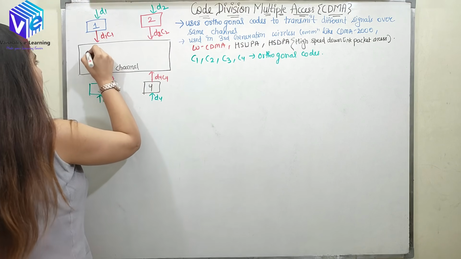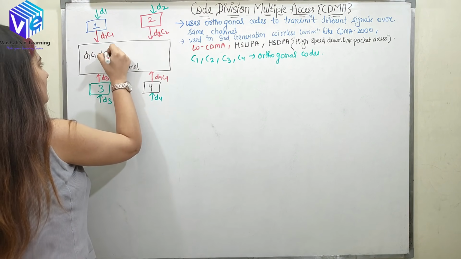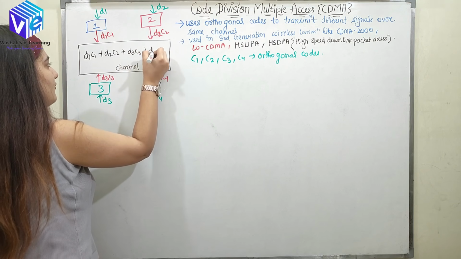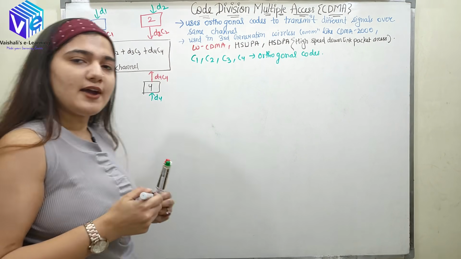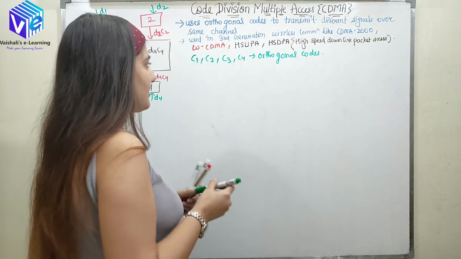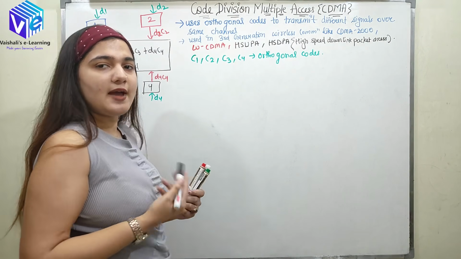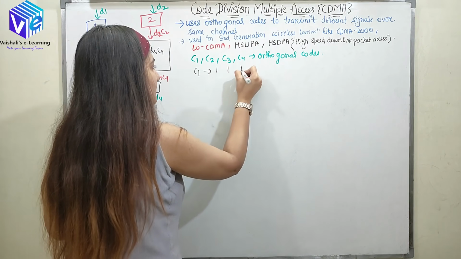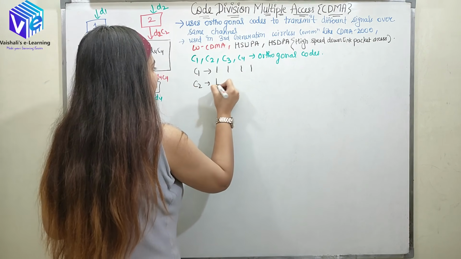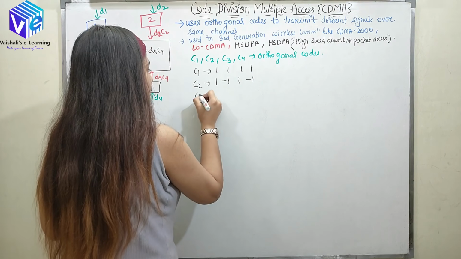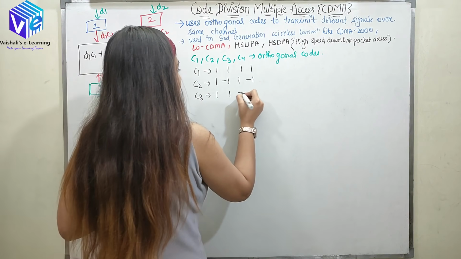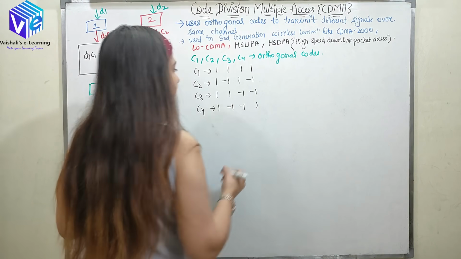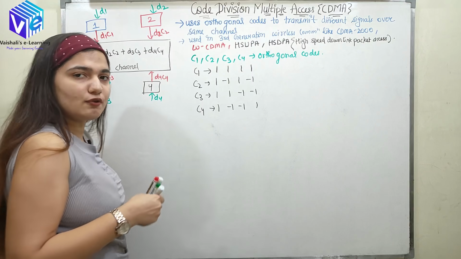In the channel I would have D1 C1 plus D2 C2 plus D3 C3 plus D4 C4. Let's suppose I am taking the 4 orthogonal codes as C1 to be 1, 1, 1, 1, C2 to be 1, minus 1, 1, minus 1, C3 to be 1, 1, minus 1, minus 1, and C4 to be 1, minus 1, minus 1, 1. These 4 sets of codes are orthogonal.